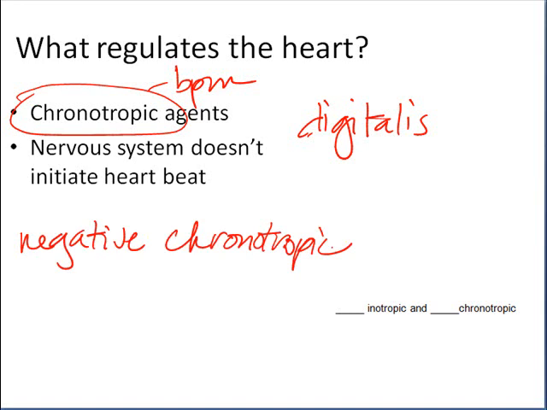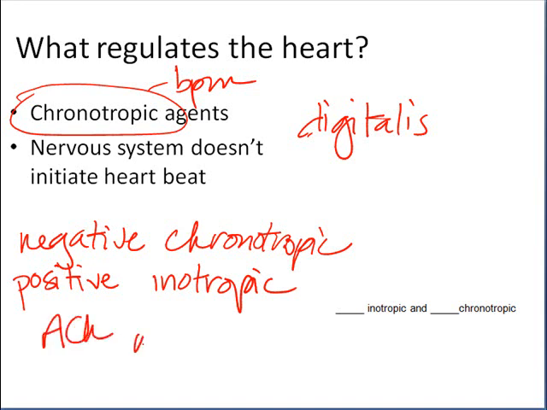It also ends up being a positive inotropic agent. So while it's slowing down the number of beats per minute, it actually helps to increase the contractility per minute. So that's an example of a chronotropic agent. Another one is acetylcholine. Acetylcholine is also a negative chronotropic agent. So, two examples there for you.